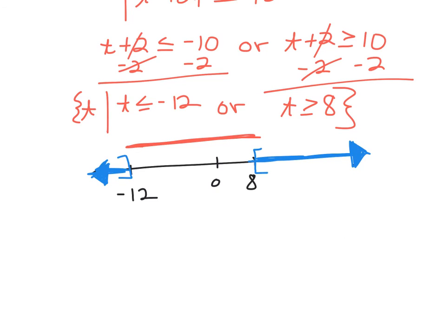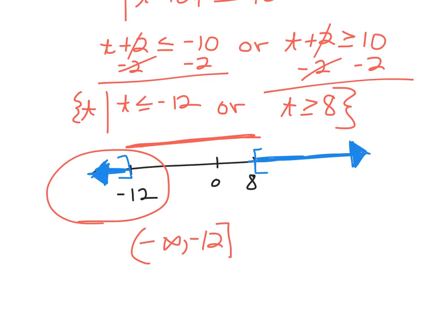So, what is this first one? What's this side over here? What's that going to look like? Negative infinity with negative 12. Okay, the infinity having a parenthesis, right. And negative 12 gets a bracket. Okay, Jericho, what's this part over here going to look like?